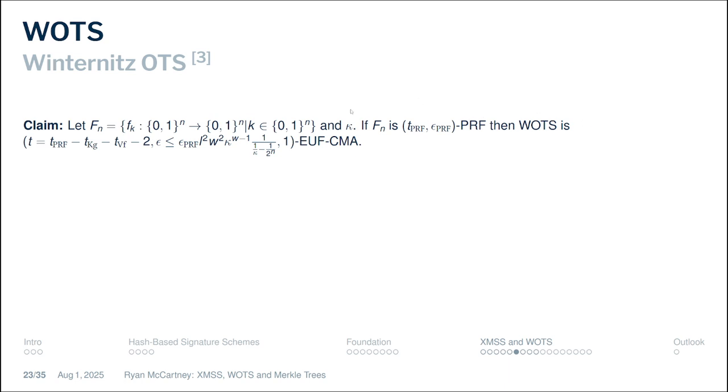And this claim already tells us that we have polynomial much time to break this Winternitz one-time signature scheme, and the success probability of any adversary, of the best adversary, is lower than epsilon, which is bounded by this pseudo-random function adversary advantage on the pseudo-random function by some positive factor, which makes it more likely to succeed actually.